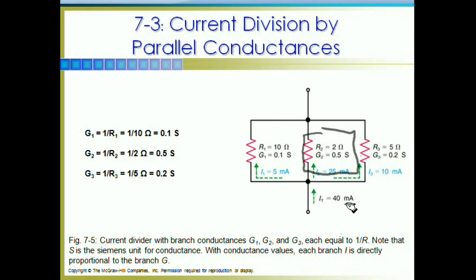In the case of R2, I've got 0.5 Siemens over 0.8 Siemens times the total current, 40 milliamps.